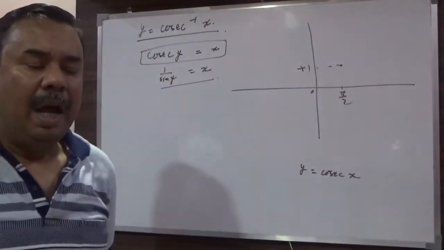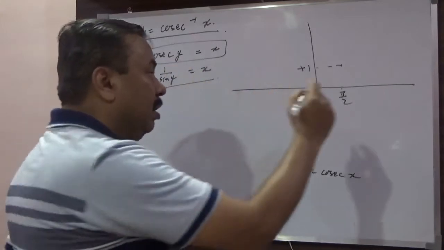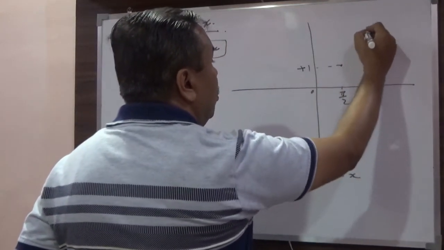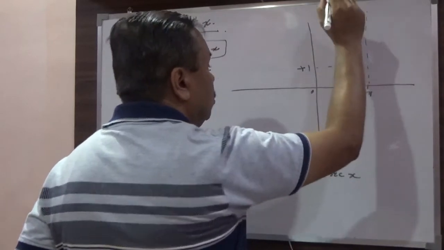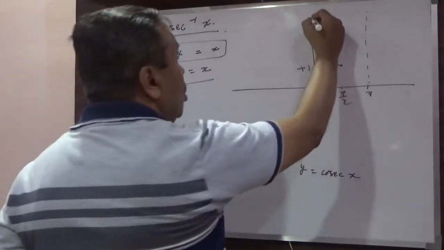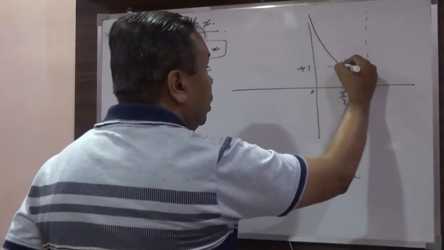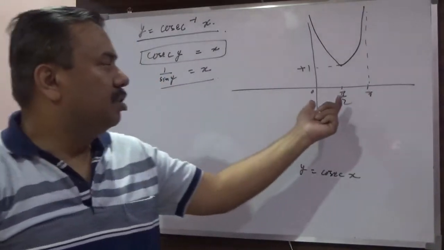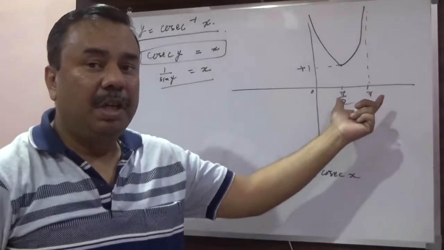And when it went to pi, it again led to infinity because sine was 0. This is the first quadrant, this was the second quadrant.